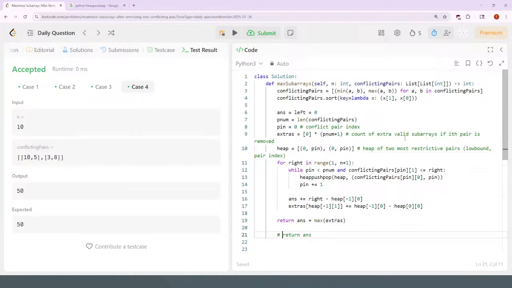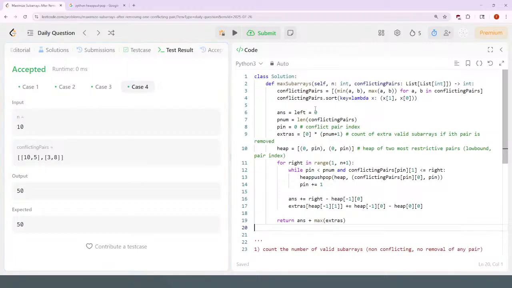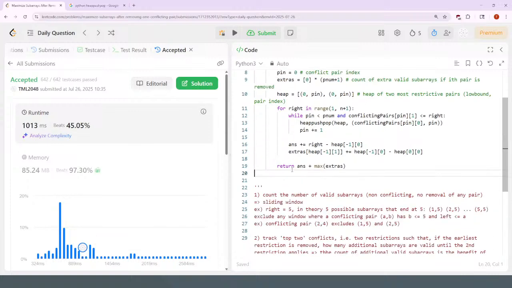Okay, I think this is it. Obviously, it's not super efficient compared to other people's solutions, but I think this is pretty darn satisfactory for me.